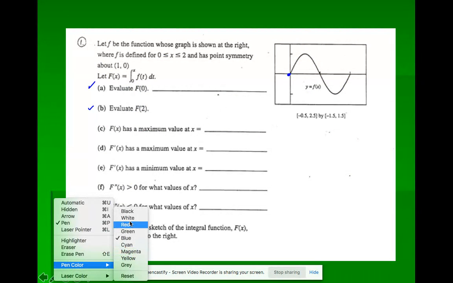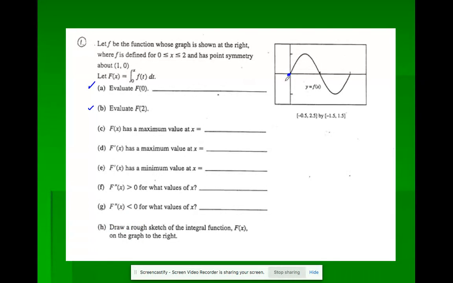Oops, I need to do this in red, sorry. So capital F of 0 was 0. Capital F of 2 was 0. Capital F has a maximum value at x equals 1. The derivative is positive from 0 to 1.